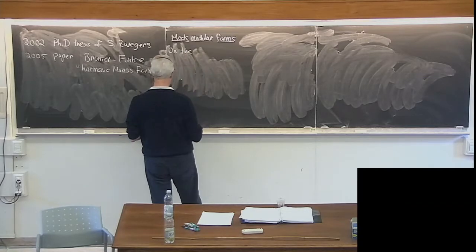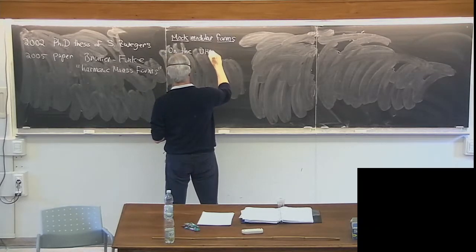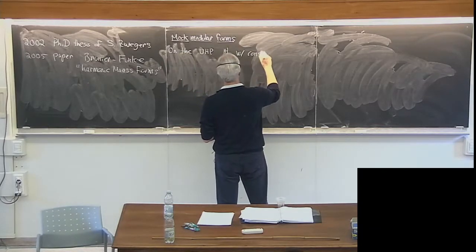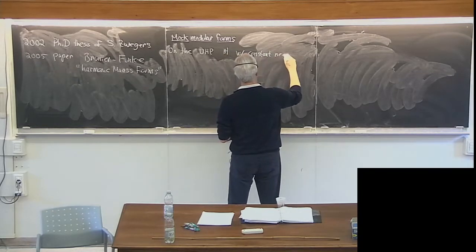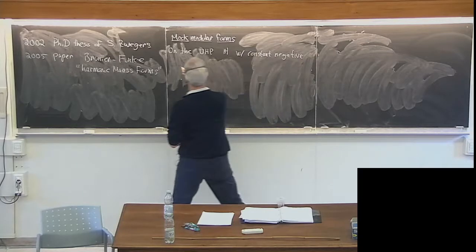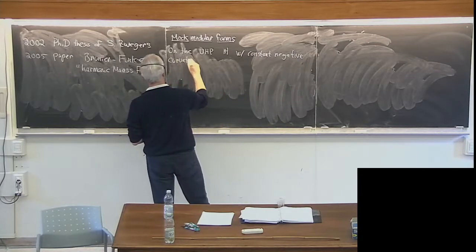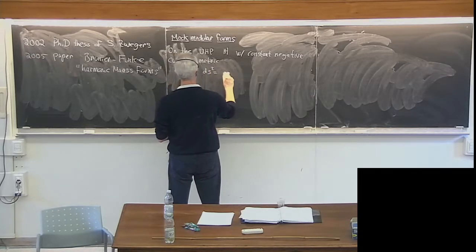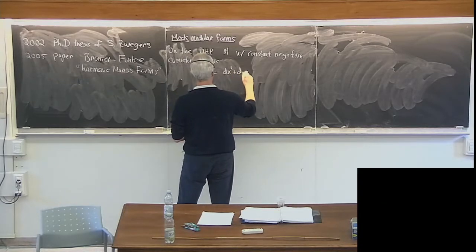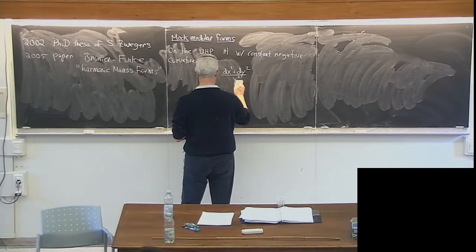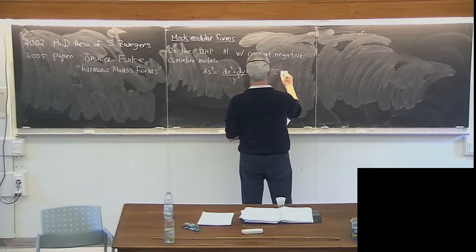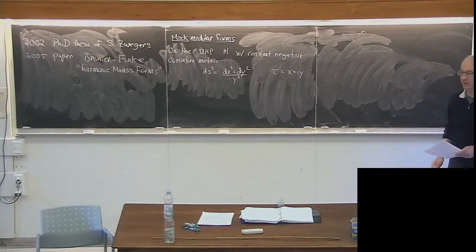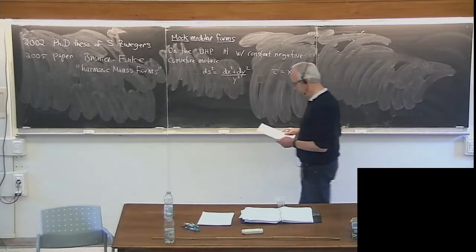Recall from our earlier discussions that on the upper half plane H, we can put a constant negative curvature metric, ds squared is dx squared plus dy squared over y squared. We've generally been using tau for a coordinate on the upper half plane, so I'm writing tau as x plus iy here in terms of real and imaginary parts.